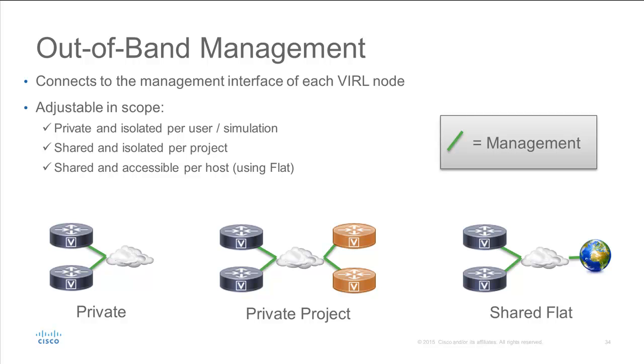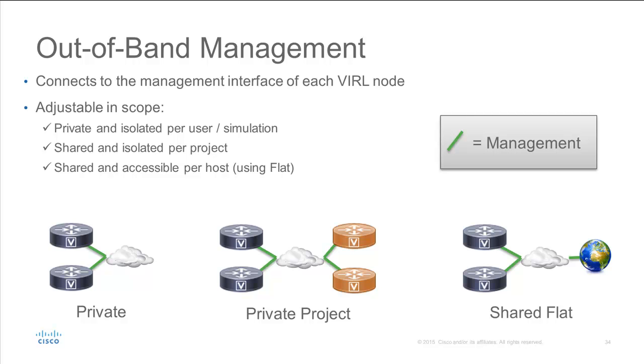One of the things that you may want to do when you have a VIRL simulation is connect the management interfaces of the simulated nodes to something that you can get access to. When you choose a private management network in your simulation, you can see that the management interfaces of the two routers I've spun up are connected to a network, but that network is isolated.